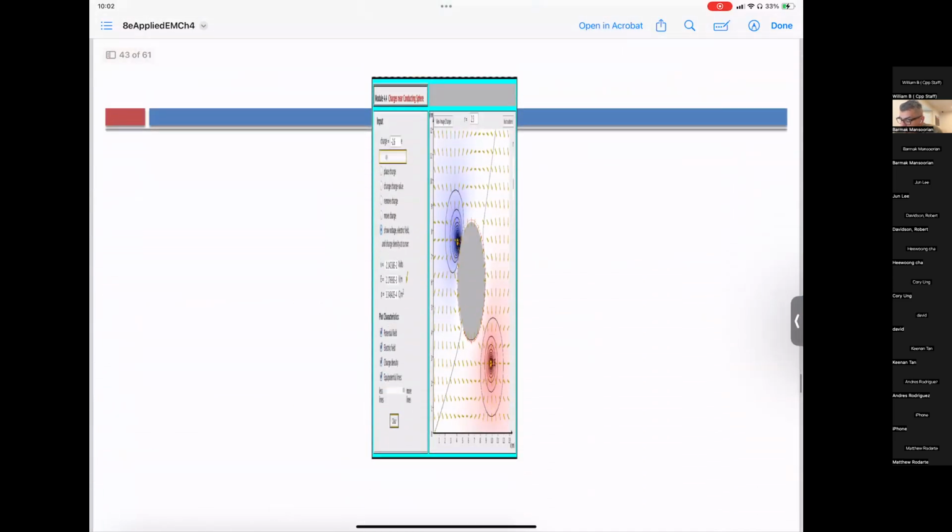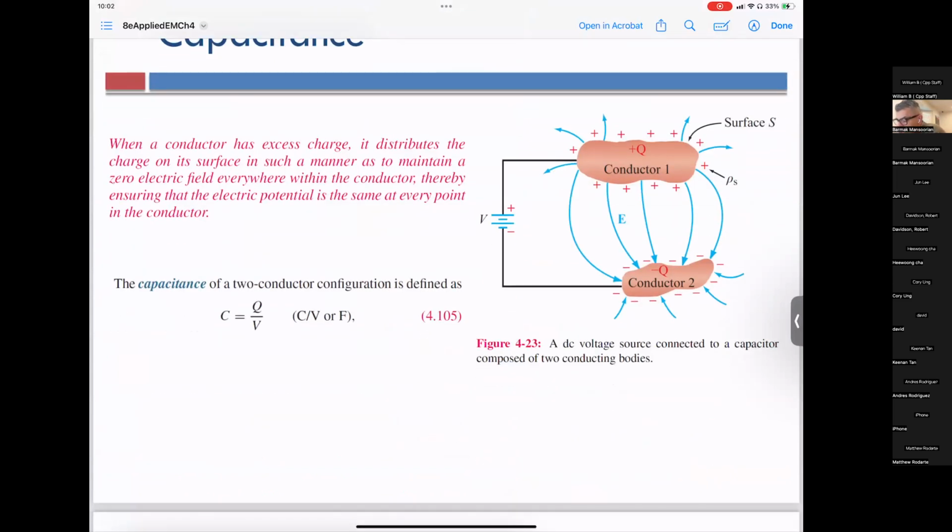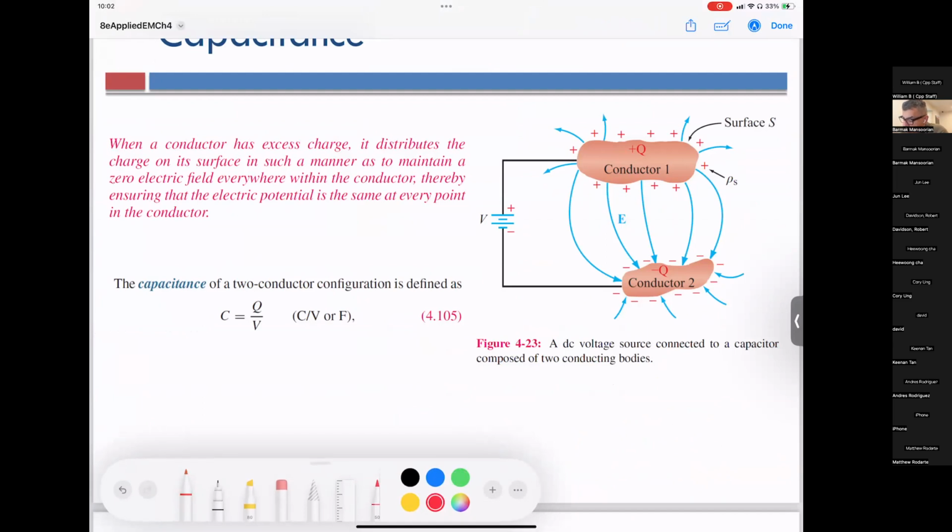All right, so finally to capacitance. Capacitance comes from a strangely simple definition.